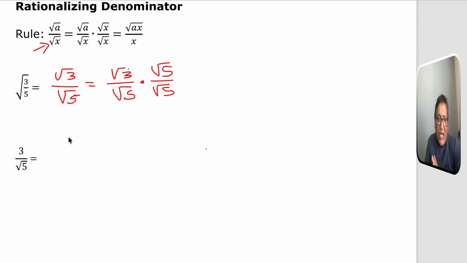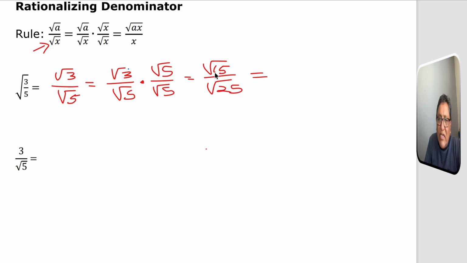So in fractions, you remember, if you multiply the denominator, you have to multiply the numerator with the same value. So in this case, 3 times 5 will be 15. So if we multiply inside the radical, we get square root of 15 divided by square root of 5 times 5, which is 25.